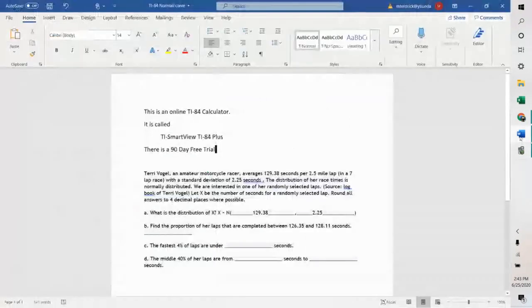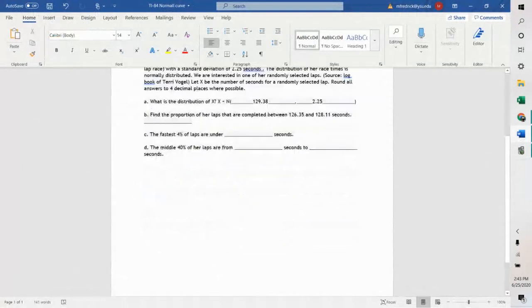And so if we think of it, when you have your curve, now in the middle is your 40%.